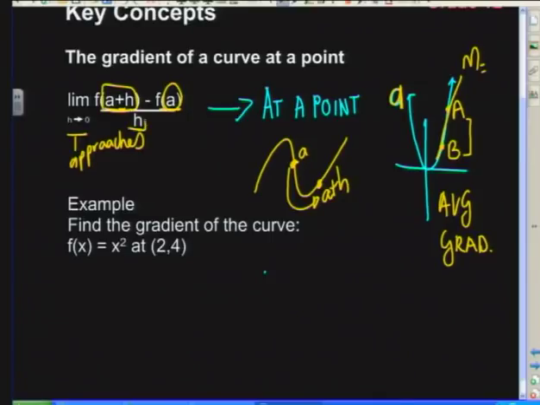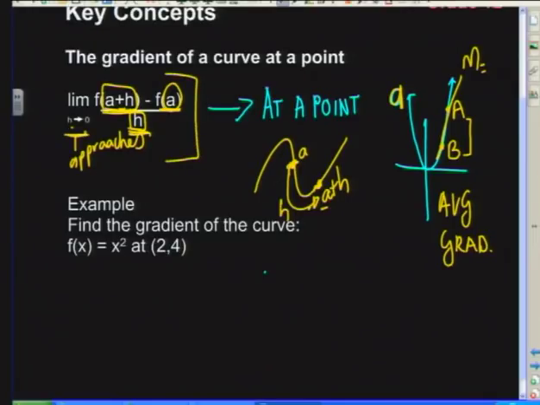The h just means it's the distance between A and the other point. So that distance from A to A plus h will be h. Okay, so that distance, to find the gradient between those points, we say limit as h approaches naught of f of a plus h minus f of a all over h. That's your average gradient formula.